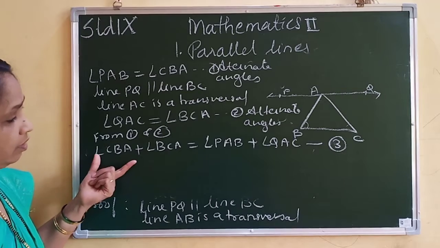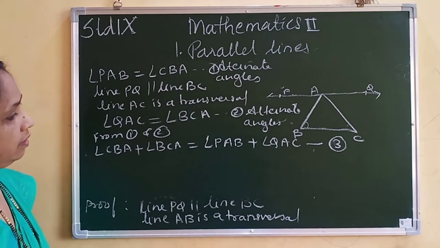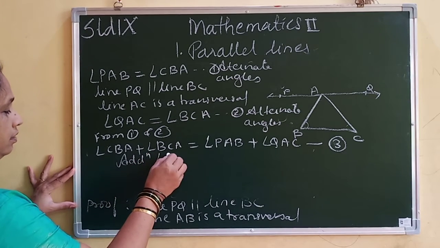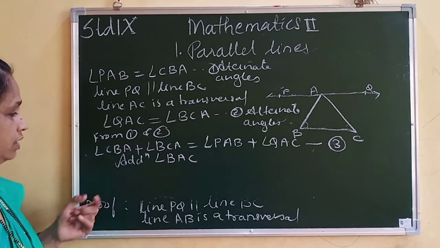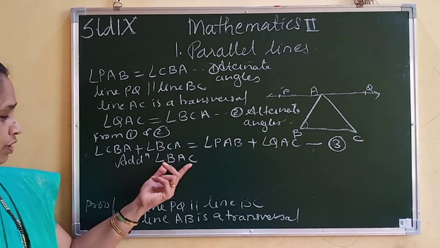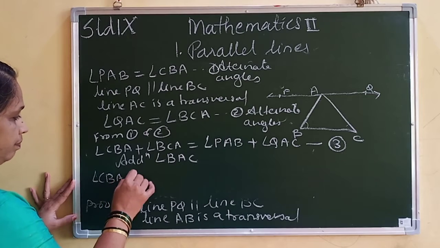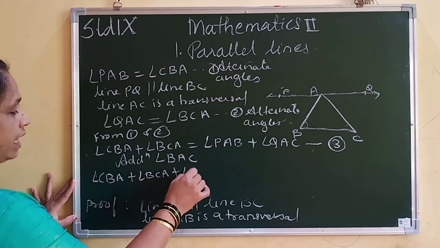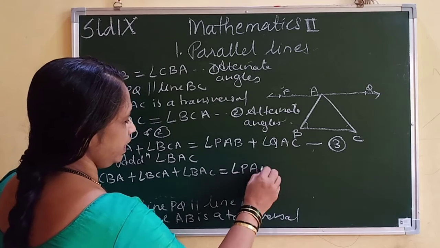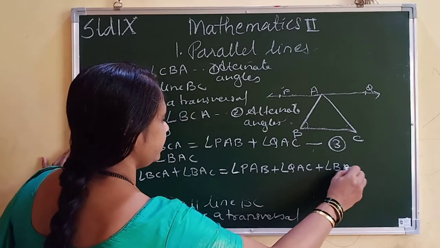Now in this we will add the angle BAC. Now see what we have to prove: the sum of all angles of a triangle is equal to 180 degrees. So angle CBA plus angle BCA plus angle BAC is equal to angle PAB plus angle QAC plus angle BAC.